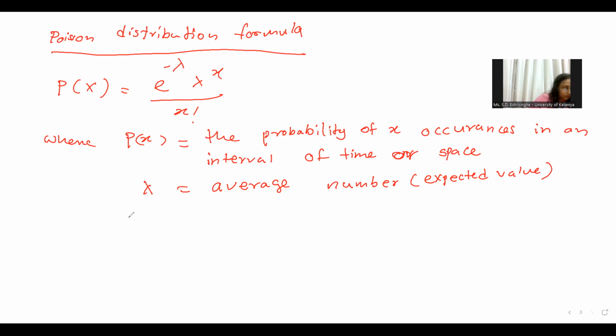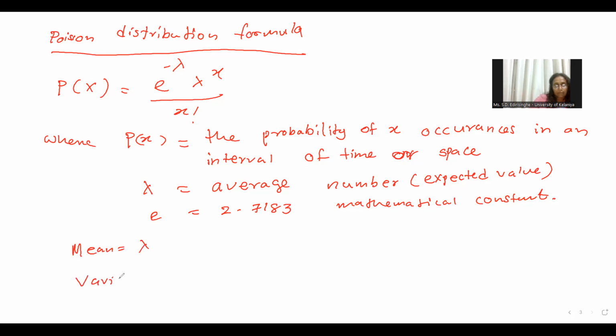And e here is a mathematical constant that is equal to 2.7183. Right? Here the mean equal lambda, variance equal lambda. Please write.